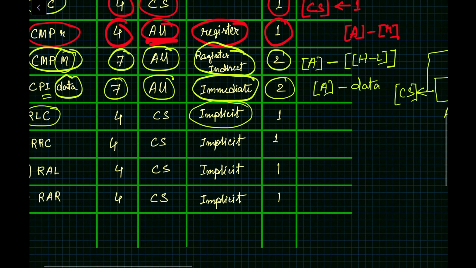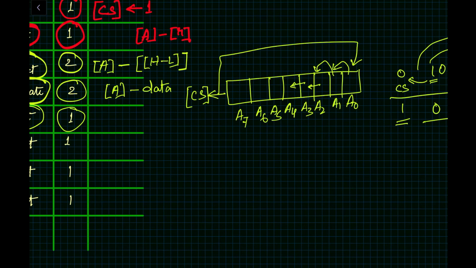Here also we need only one machine cycle, and only the carry status is modified. So here we can write: An+1 will be rewritten with An. The A7 bit will come to the carry status flag. Let me write down here, because you can see this A7 is coming here.